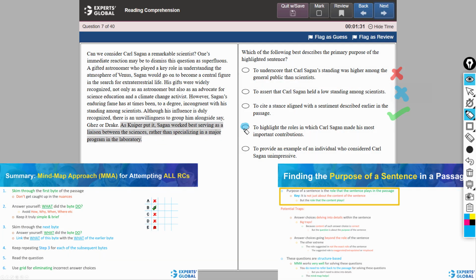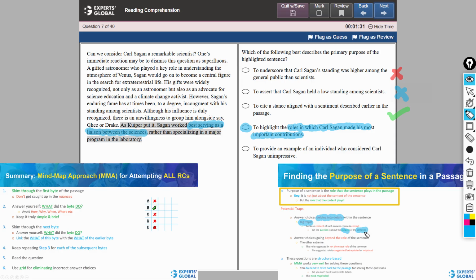Answer choice D is a big trap. Many students would select this because what it says is factually correct. Yes, this sentence talks about what our scientist did best. However, this answer choice commits the mistake of delving into the details rather than focusing on the purpose of the sentence.